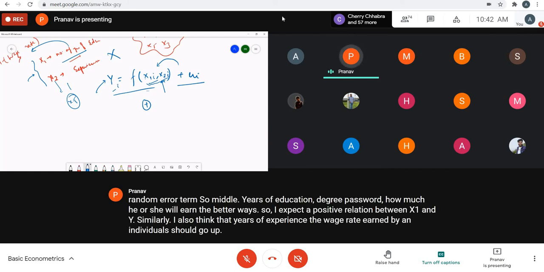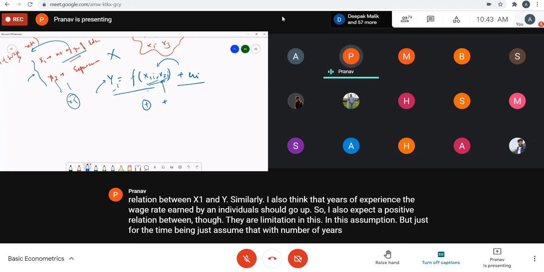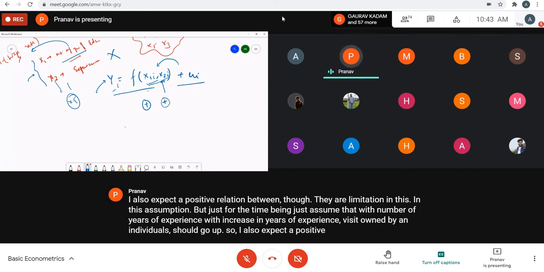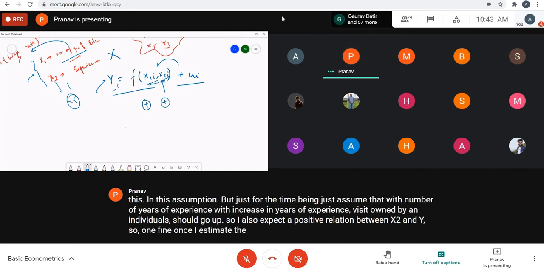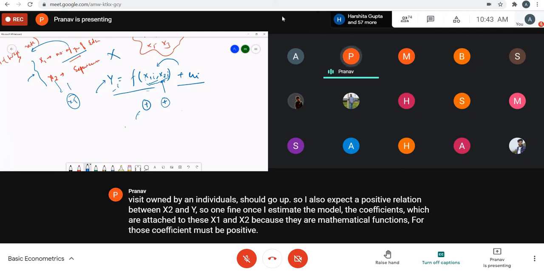So I also expect a positive relation, though there are limitations in this assumption, but just for the time being, just assume that with an increase in years of experience, wage rate earned by an individual should go up. So I also expect a positive relation between X2 and Y. So once I estimate the model, the coefficients attached to X1 and X2, because they are mathematical functions, must be positive if my model is properly or correctly estimated.